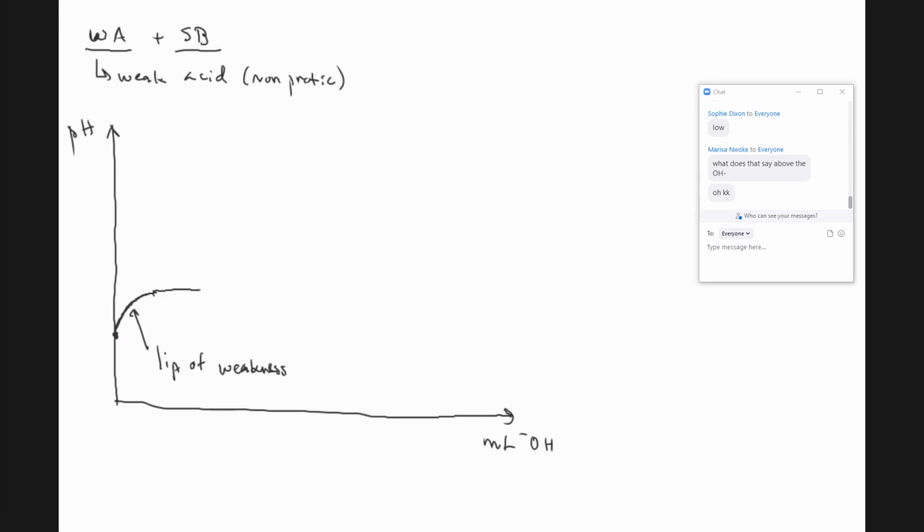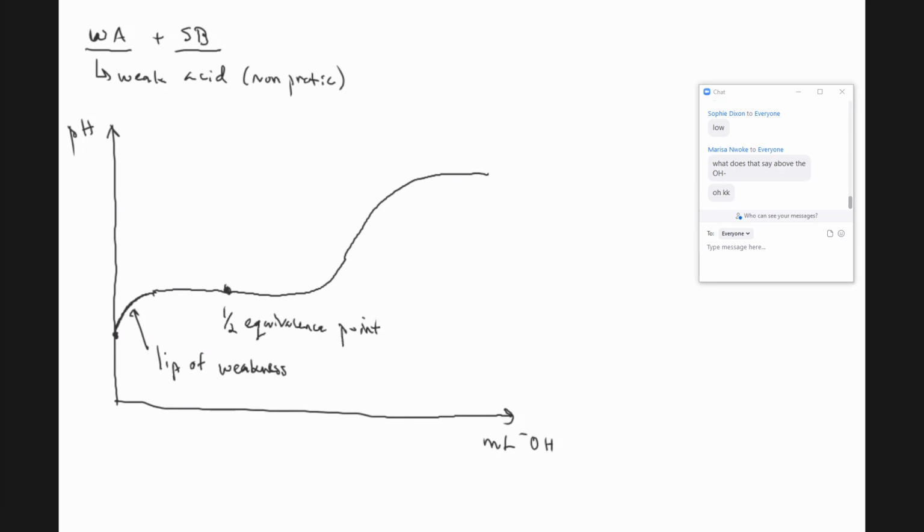And it's going to level off. Then it's going to curve up. And then it's going to look like this. So at this halfway point, this is called the half equivalence point. Right?